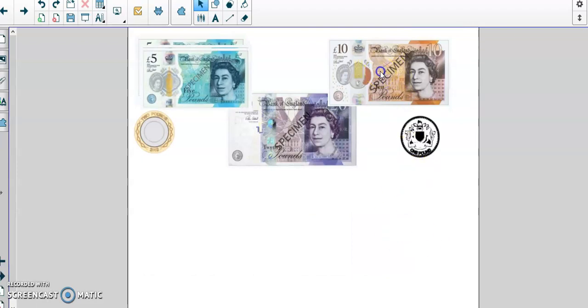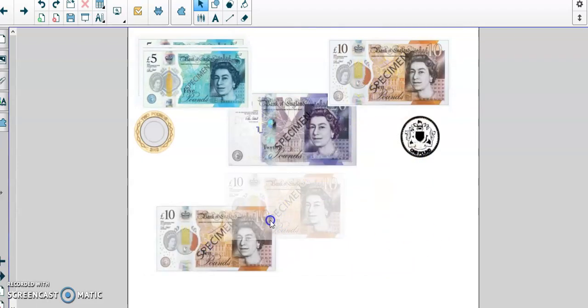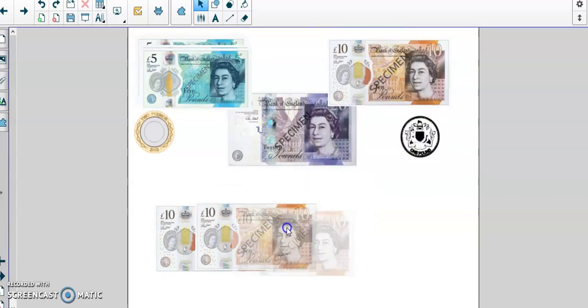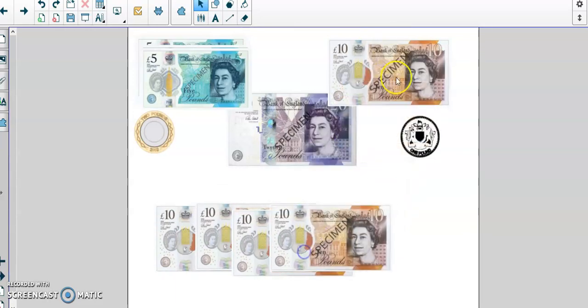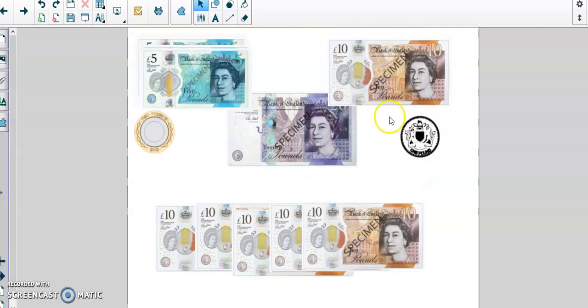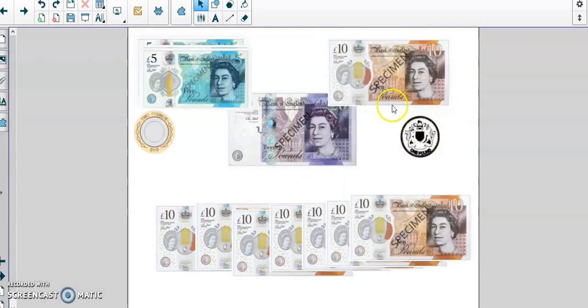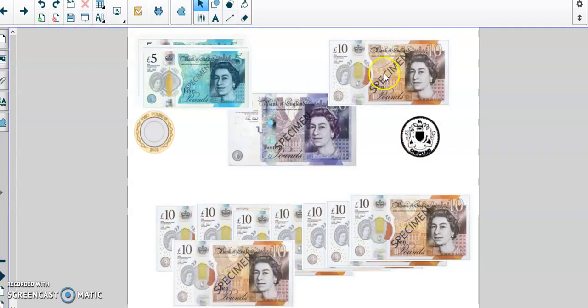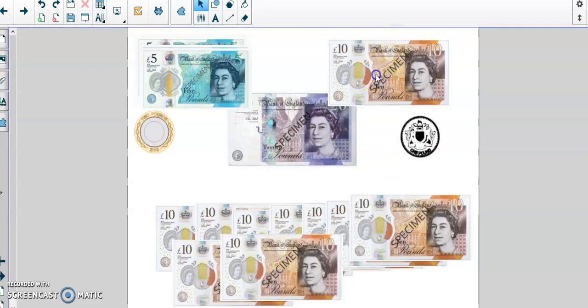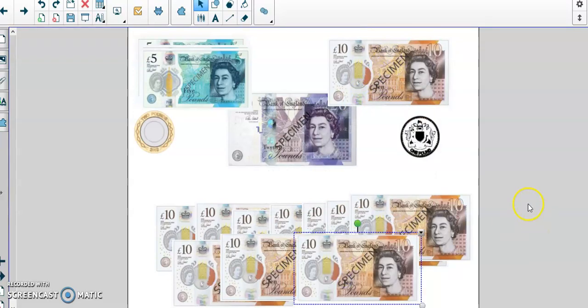Let's try counting in tens this time. 10, 20, 30, 40, 50, 60, 70, 80, 90, 100.